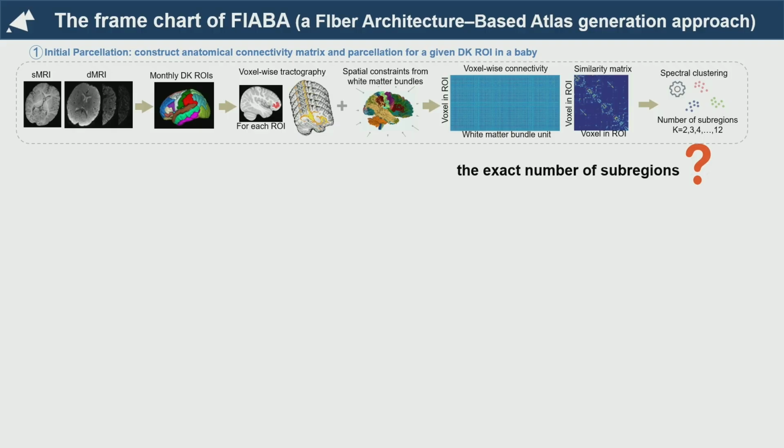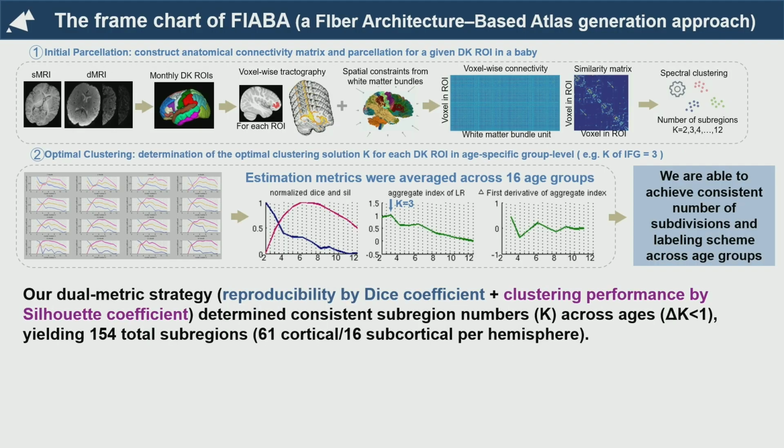But here, we cannot decide the exact number of subregions. So in stage 2, we evaluate the optimal clustering solution K separately in each age group for each DKLI. We propose a dual metric strategy by jointly considering reproducibility and clustering performance.